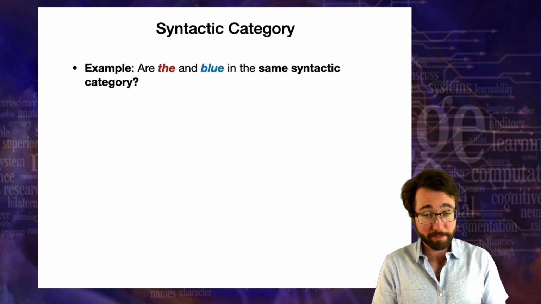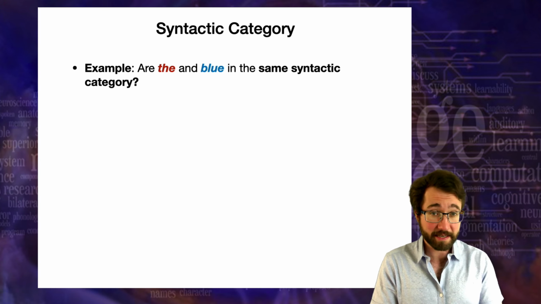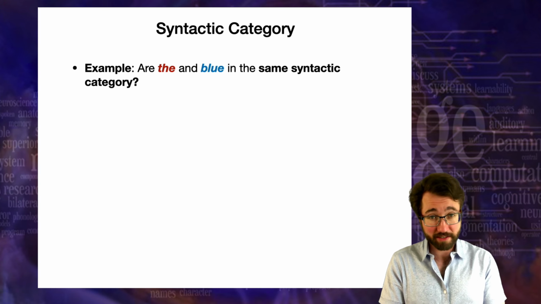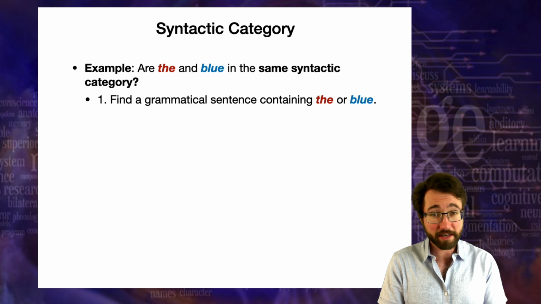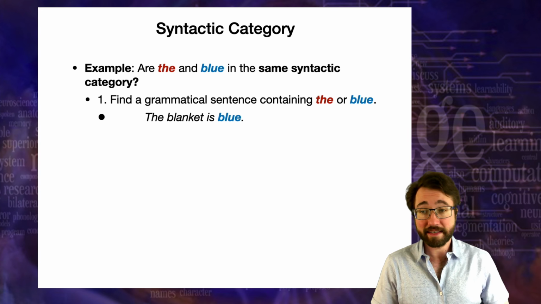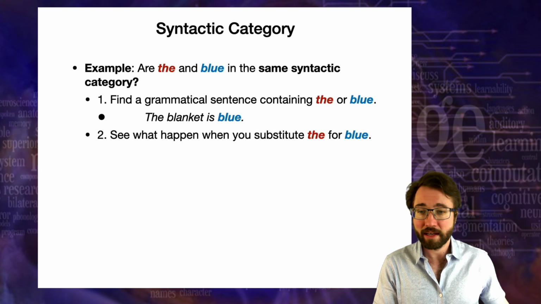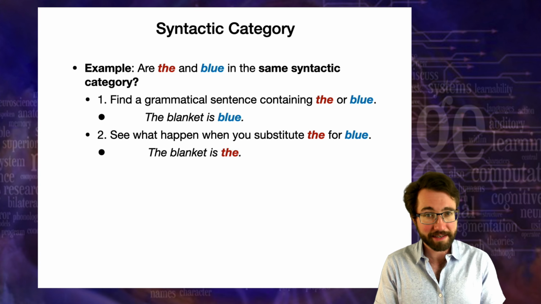We had another example here, the word the and the word blue. Are these in the same syntactic category in English? Well, let's do the test. We find a grammatical sentence that contains either the or blue. In this case, we'll start with the blanket is blue. Okay. See what happens when you substitute the for blue. The blanket is the.